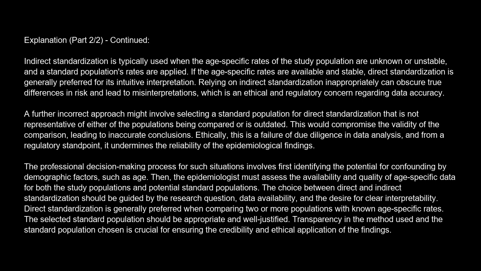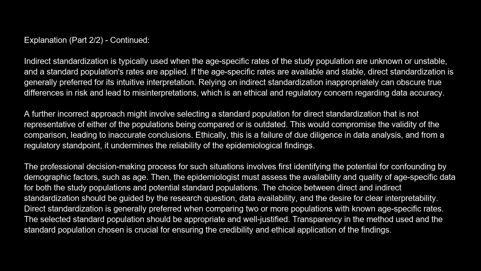A professional decision-making process for such situations involves first identifying the potential for confounding by demographic factors, such as age. Then, the epidemiologist must assess the availability and quality of age-specific data for both the study populations and potential standard populations.